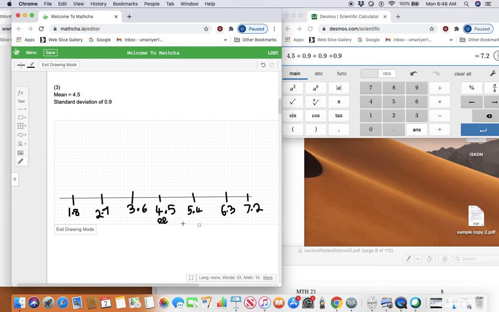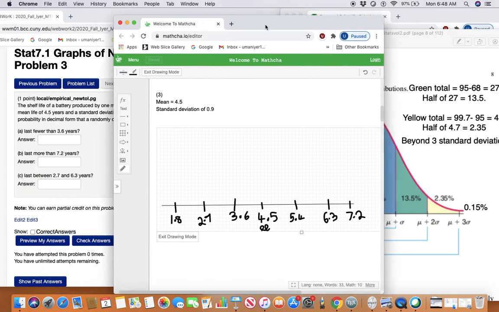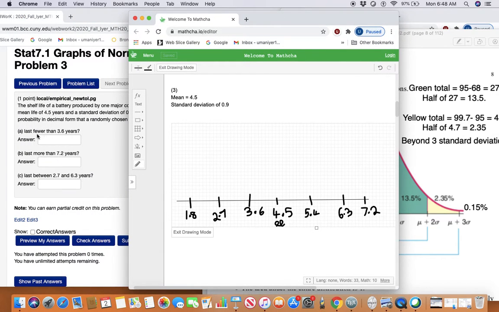So the mean, 3 numbers on the right, 3 numbers on the left. That's important. How do you get these numbers? By taking the mean, subtracting the standard deviation 3 times and adding it 3 times. So now you have the numbers you need.